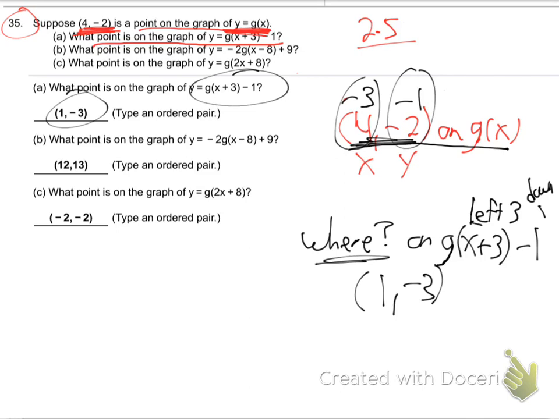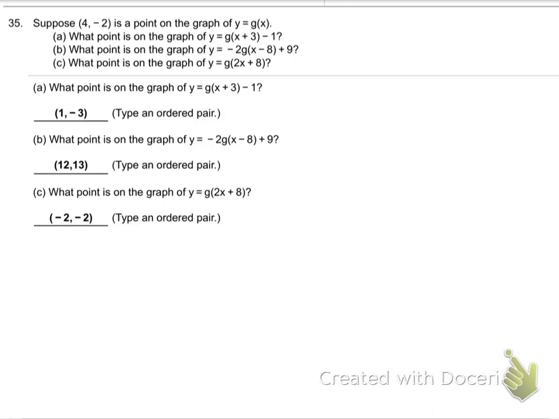So part B, now they're going to do more fancy stuff. So we're going to start over again. Let me go to a fresh screen. And now in part B, they're going to say y equals negative 2 g of x minus 8 plus 9. Well, again, I should start with the original again.